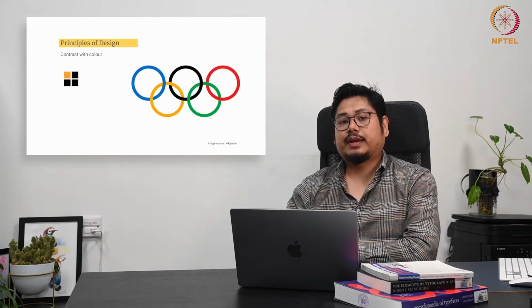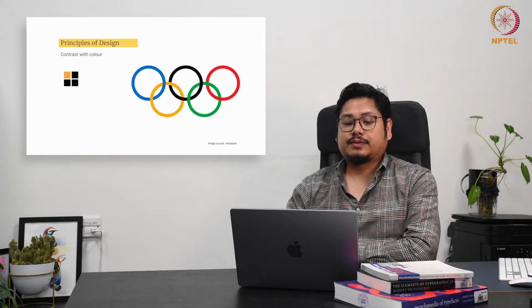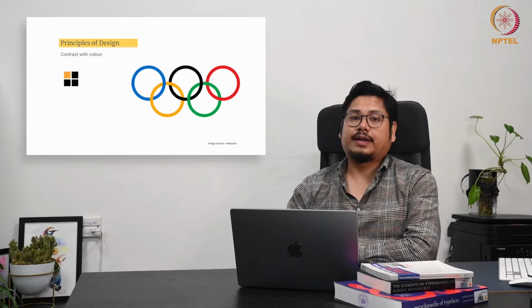So each contrasting color is now creating a different set of meaning. As you have definitely learned in Shahid's course, color creates mood or emotion. And this is where the idea of color is playing a role in creating distinction of the different continents.